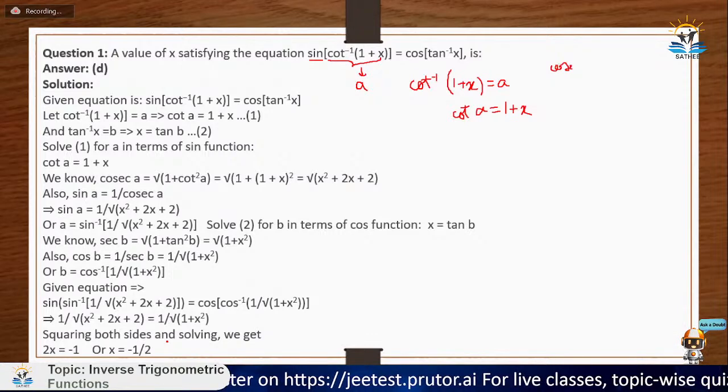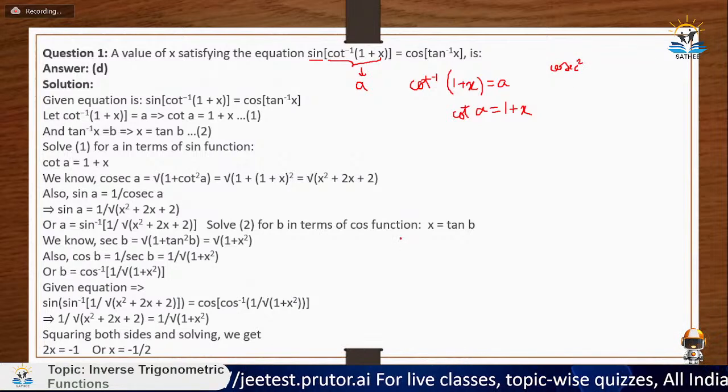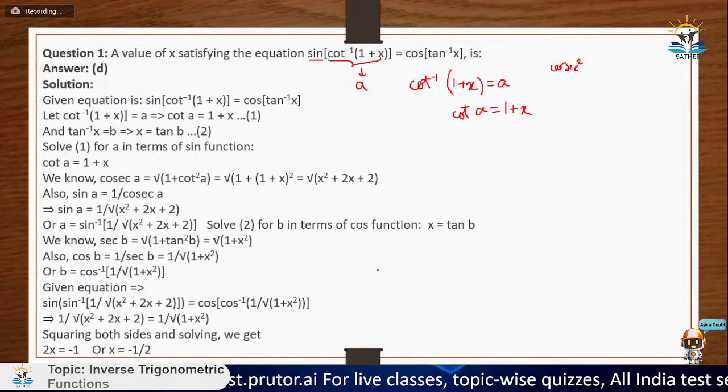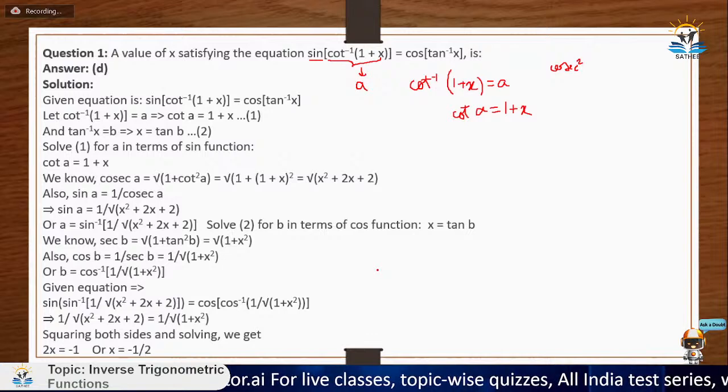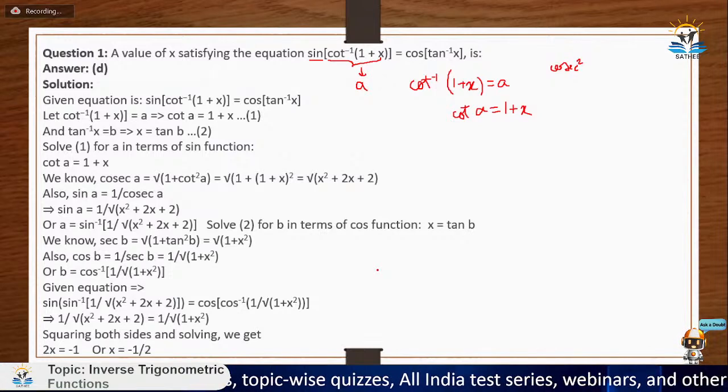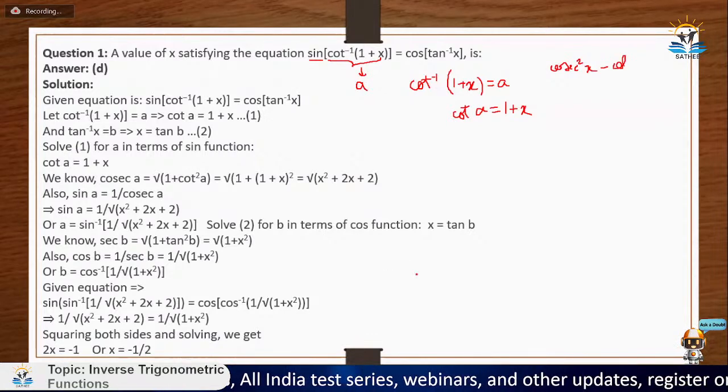Basically, square this side. If you are confused at the last step, squaring both sides, what you will get is 1 upon x square plus 2x plus 2 equal to 1 upon 1 plus x square.